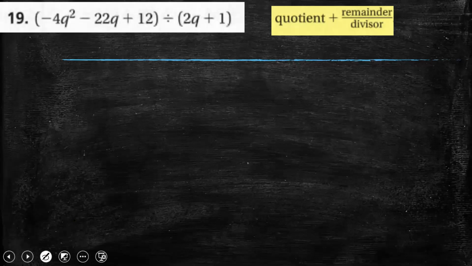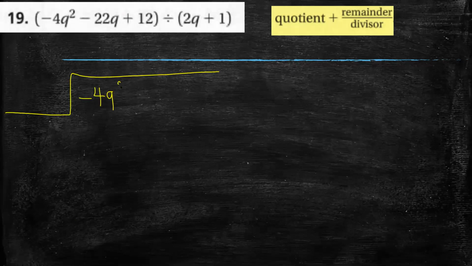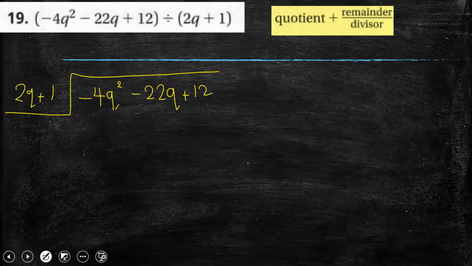Negative 4q squared minus 22q plus 12 over 2q plus 1. Now, what did we say? We say that we have to divide every term, starting with the first term, by the first term of the divisor.